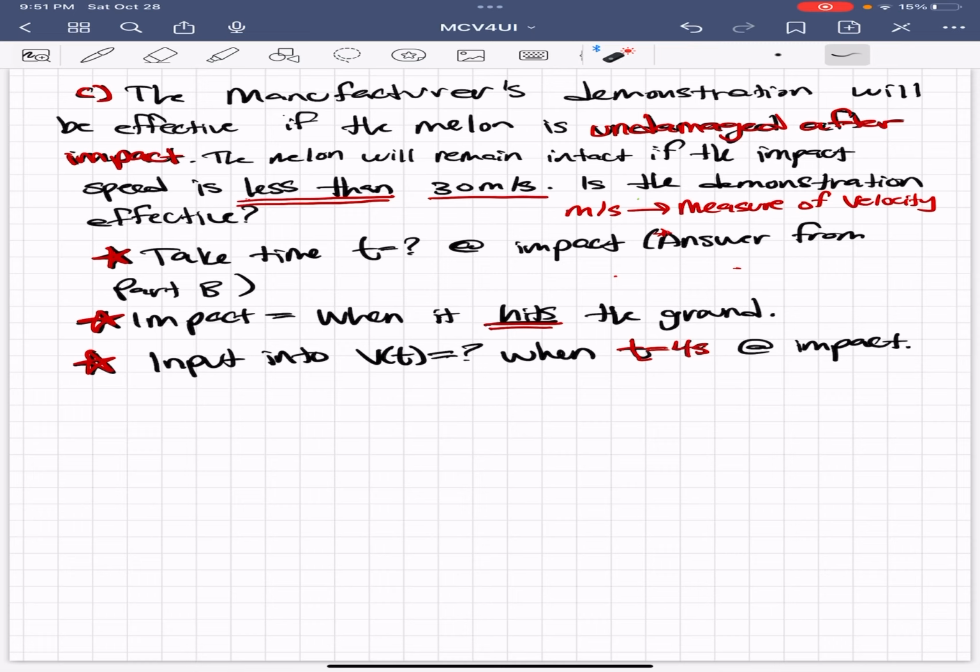I'll give you a moment to write down the question. Okay, so what we are going to do here is check whether the velocity is less than 30 meters per second at impact, after t equals 4.